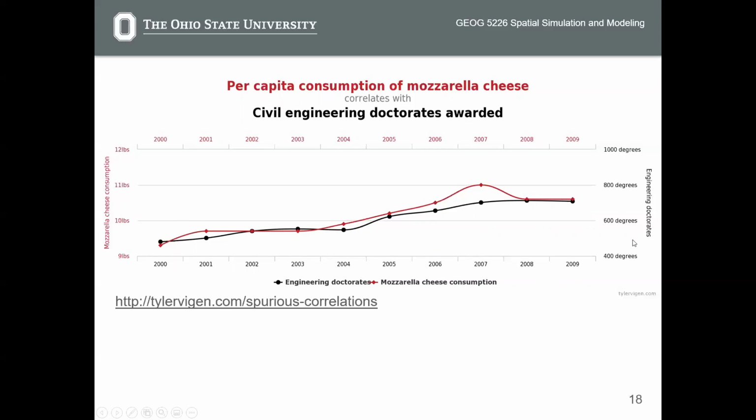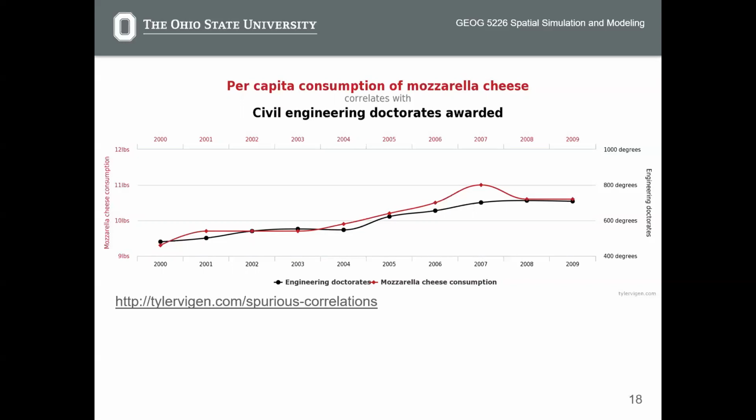The right side is the number of degrees awarded during these years. If you compare these two curves, you can tell that they are positively correlated, which means that as the consumption of cheese increases across time, the number of civil engineering doctorates awarded also increases.